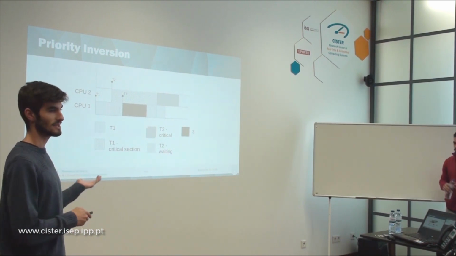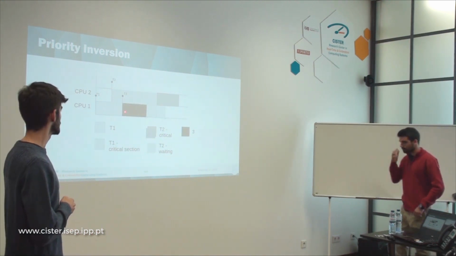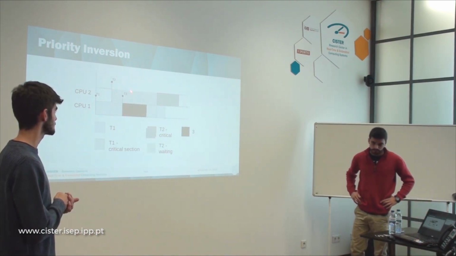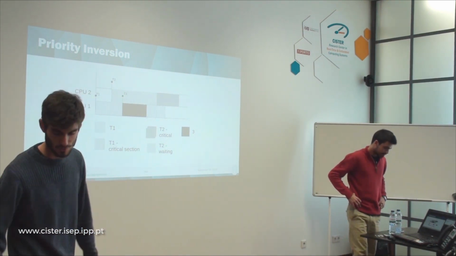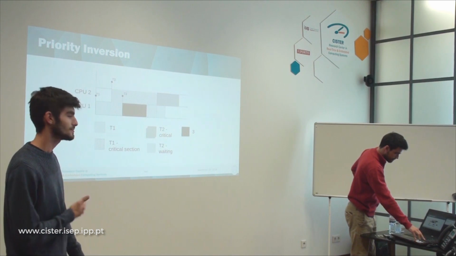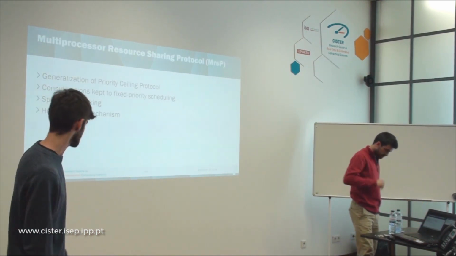It's an unexpected behavior. So the higher priority task stops executing due to the execution of this middle priority task. So the locking protocols also help to control these situations and also deadlock situations.